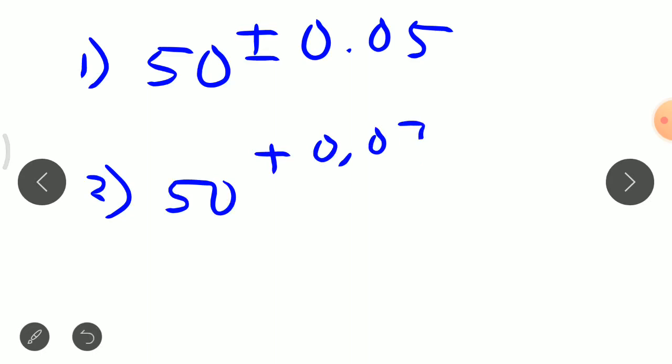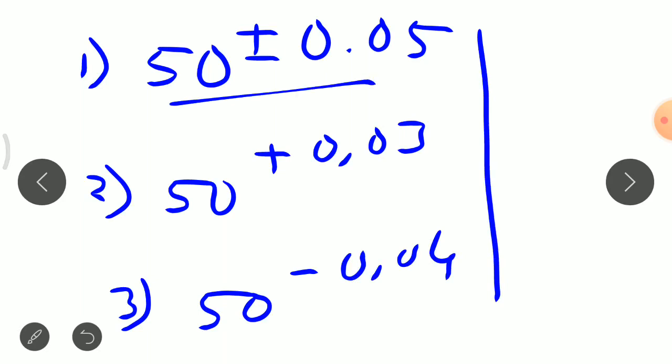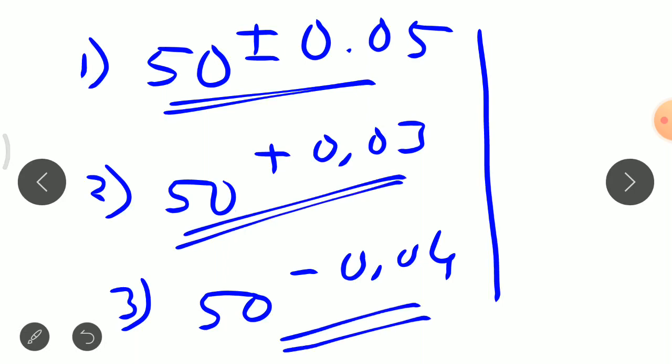And the third example has the same basic size, 50 minus 0.04 mm. Now we have to calculate the maximum limit or upper limit and the minimum limit or lower limit for all the cases, and after that we will be able to understand the concept of unilateral and bilateral tolerance.